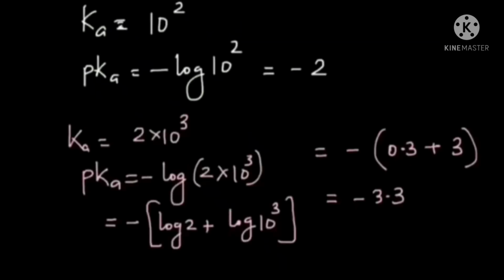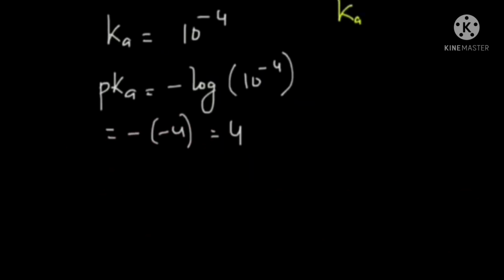When Ka equal to 10 to the power 2, pKa came out to be minus 2. And when Ka became 10 to the power minus 4, we obtained the value of pKa to be 4.